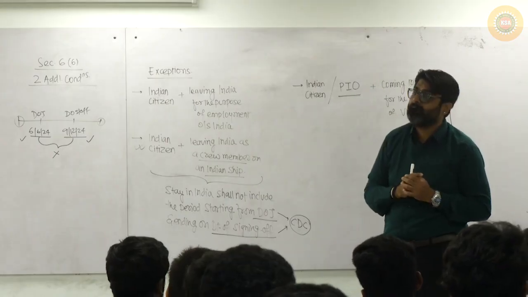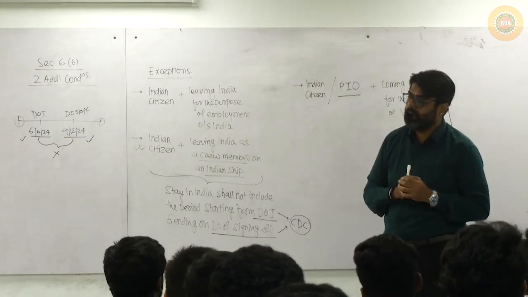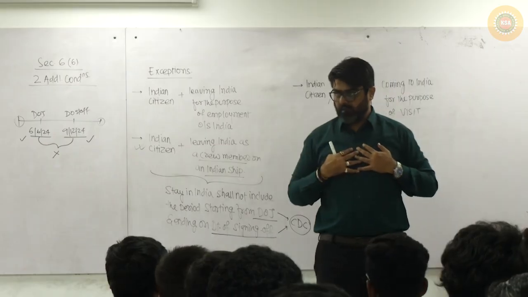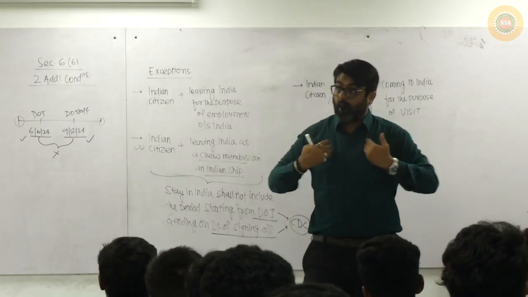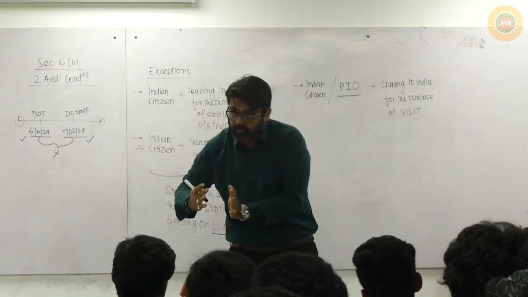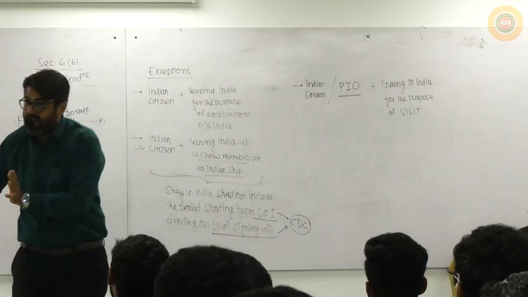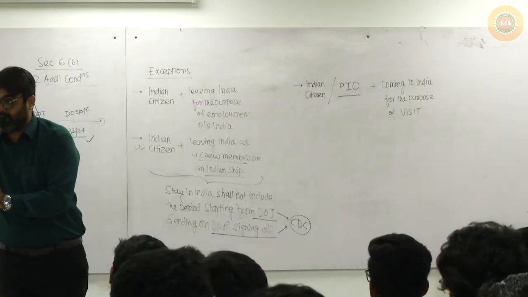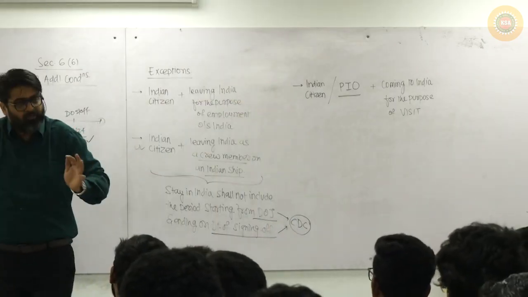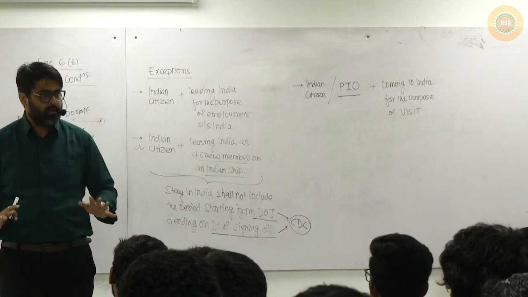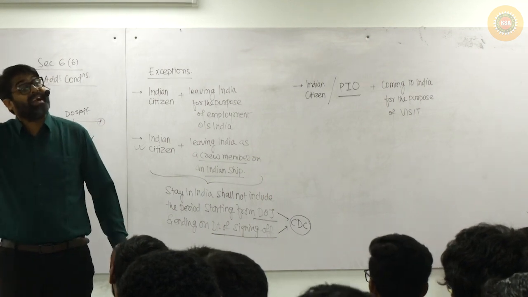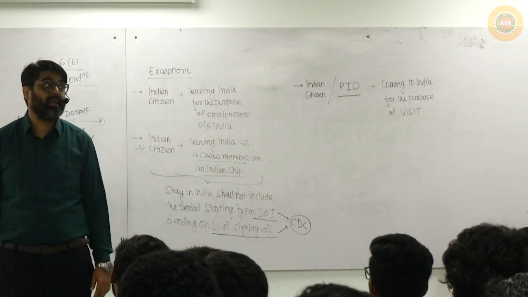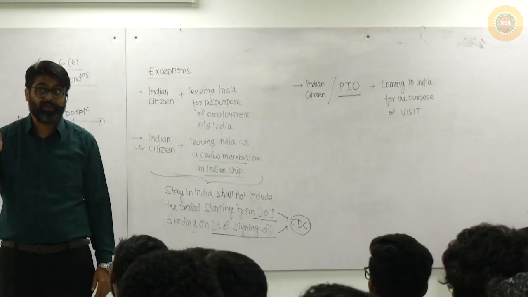Meaning that if I am an individual, myself or any of my parents or any of my grandparents, maternal as well as paternal, yes or no? If any of them were born in undivided India, meaning India prior to independence, prior to partition, yes or no?